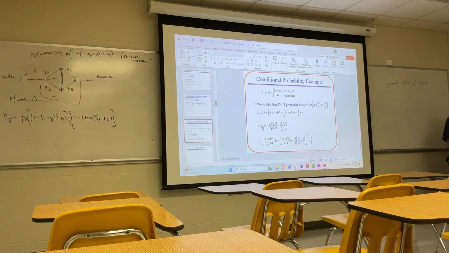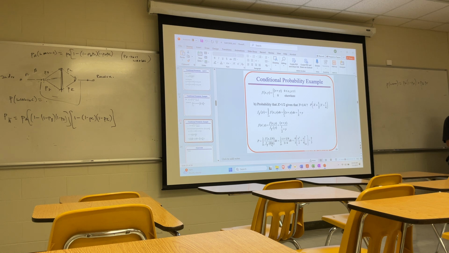So the probability of x given any value of y, and that's what that line means. You start with f of x, y, you divide it by f of y. But y here is said to be 1/4. So now you take 1/2 plus y and you put in 1/4 here. And that means you get 3/4 as what you're dividing by.